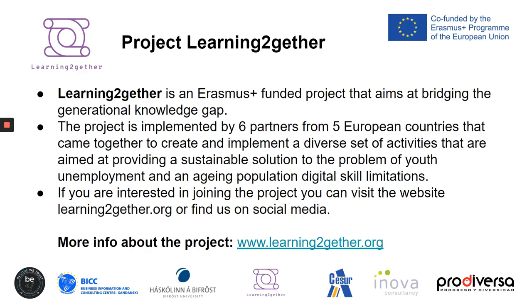The project idea came from the observation that younger generations are more up to date with technology and digital skills. These digital skills can be used very well in employment, and this is something that many young people are not fully aware of. On the other hand, older workers of small businesses struggle to keep up with the latest digital trends. With Learning2gether, we'd like to address both issues at the same time.